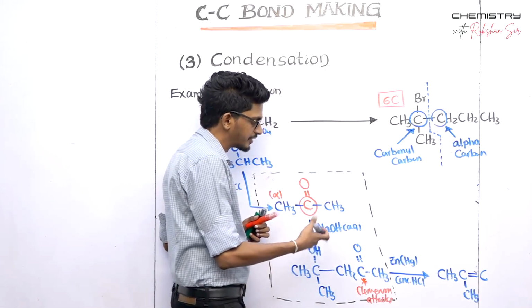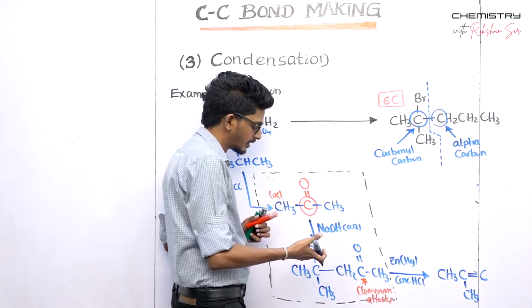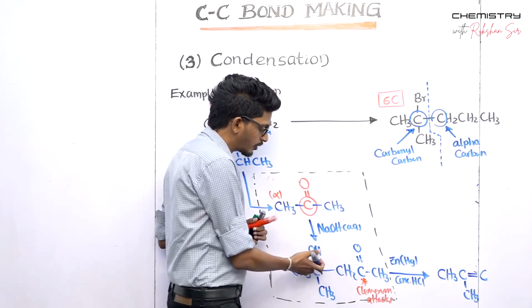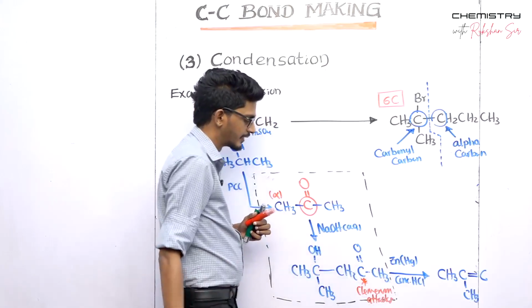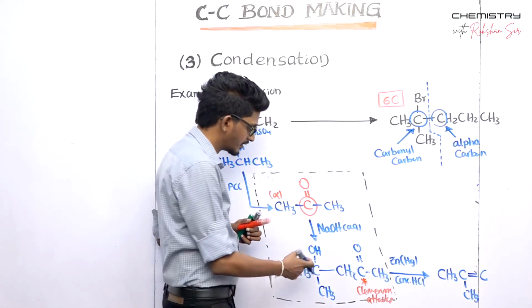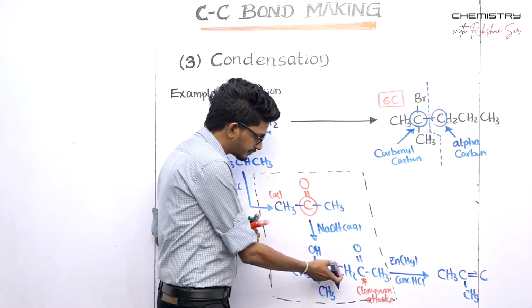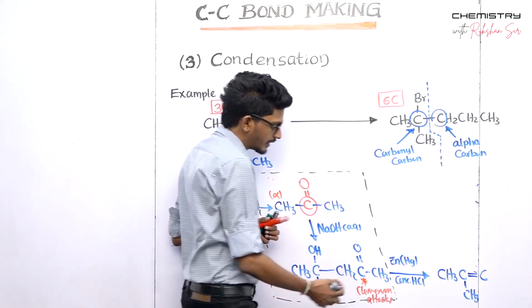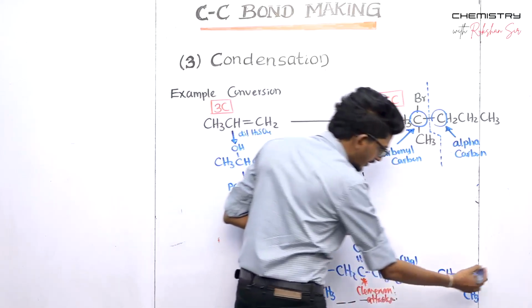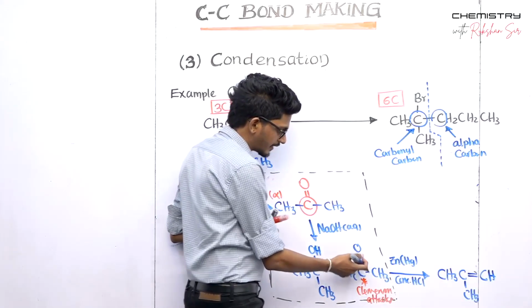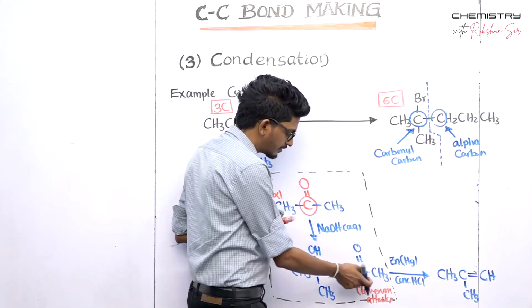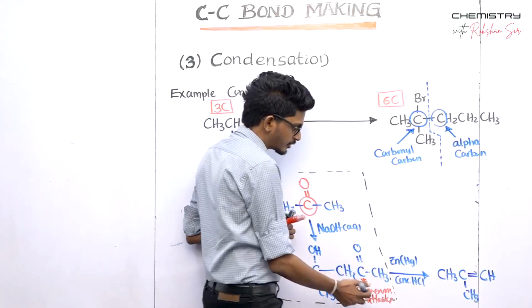Actually, no need of concentrated H2SO4 or alumina to get rid of a water molecule from the beta-hydroxy carbonyl. It will just happen with the use of an acid. Just the acid is enough, right? So OH and H will be removed, giving you a double bond, and one hydrogen will be there, and this will convert to CH2.